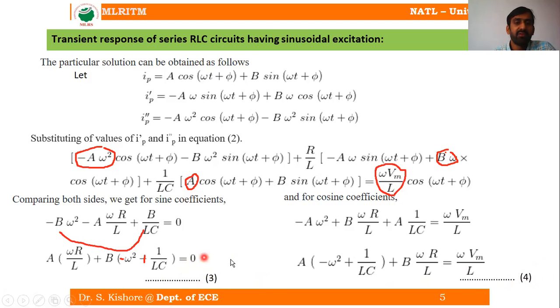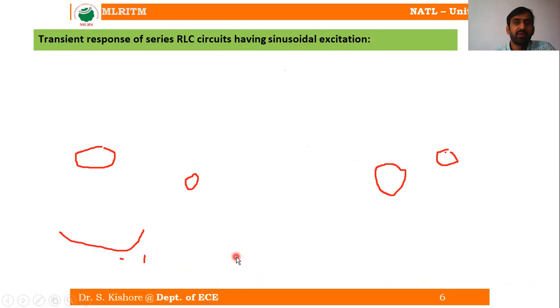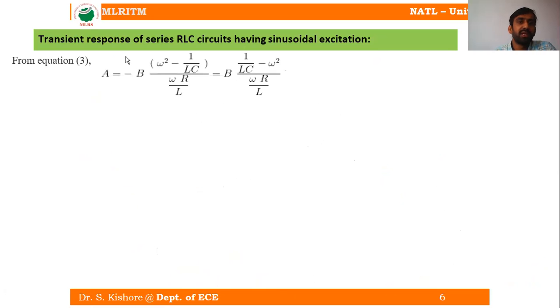Right. So from equation number 3, what can we write? We can write A is equal to minus B omega square minus 1 by LC divided by omega R by L. So which is equal to, reversing this minus, so I can write 1 by LC minus omega square by omega R by L. Right. Similarly, substitute this into equation number 4.